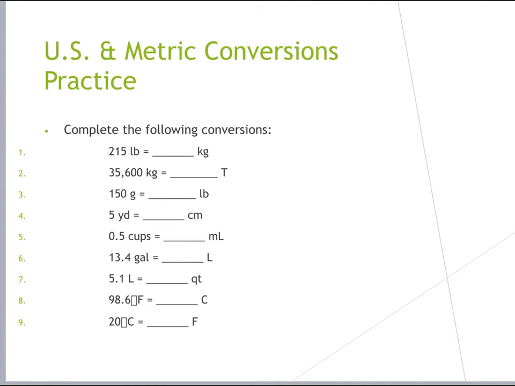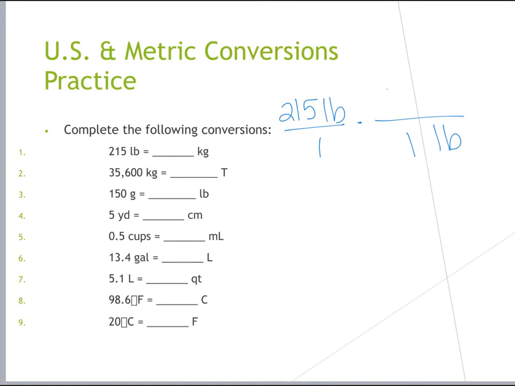So let's take a look at this first one, 215 pounds to how many kilograms. Remember, I always start with what I have, and then I get to what I need. So I have pounds in the numerator. I'm going to put pounds in the denominator.